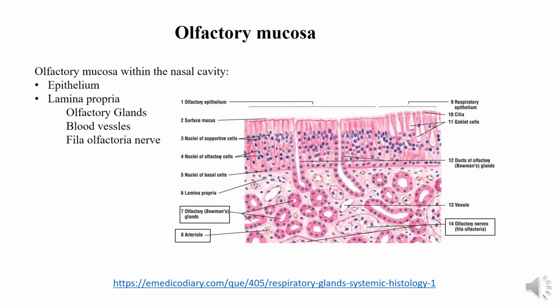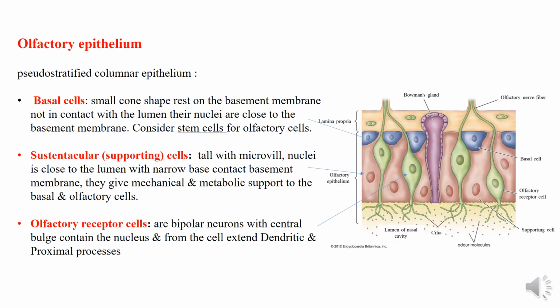In the lamina propria, we find the olfactory nerve, villi olfactoria, and blood vessels, and olfactory glands, Bowman glands. The olfactory epithelium is a pseudostratified columnar epithelium.